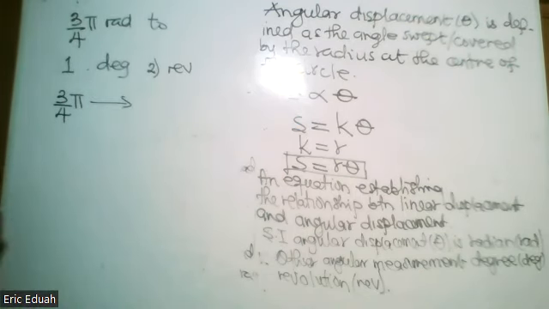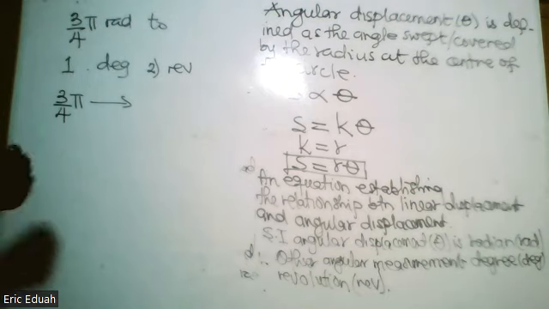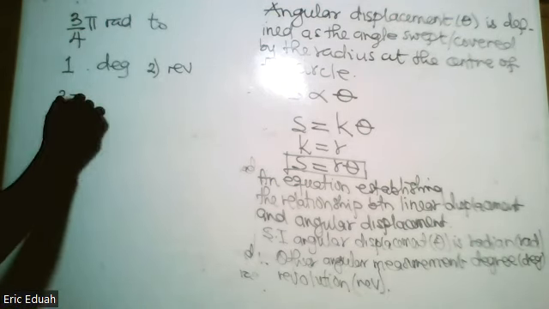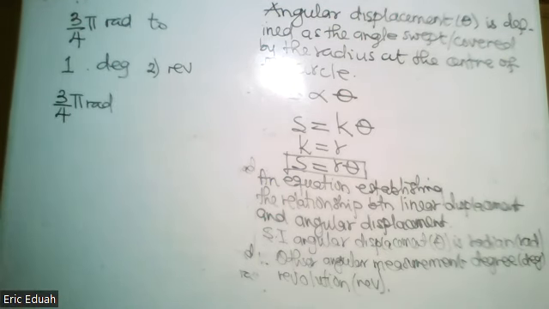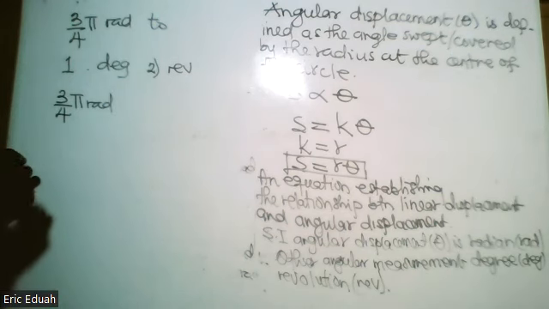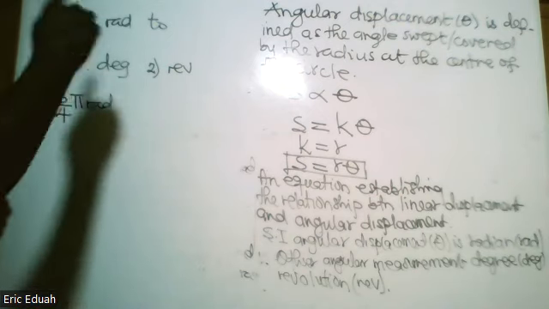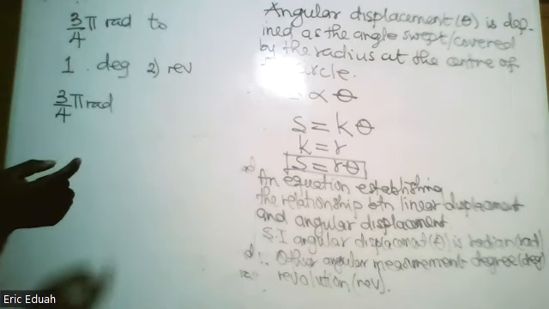Roma, what did you get? Roma is not here. Okay, let's do it. 360. Yes. Okay, let's see. Hello. Please, I got 135 degrees. Okay, so we are doing it so that you can use that to assess what you've done.